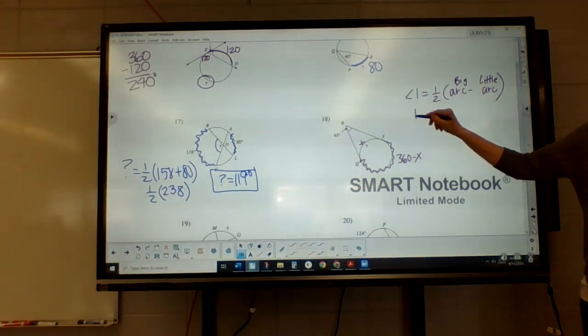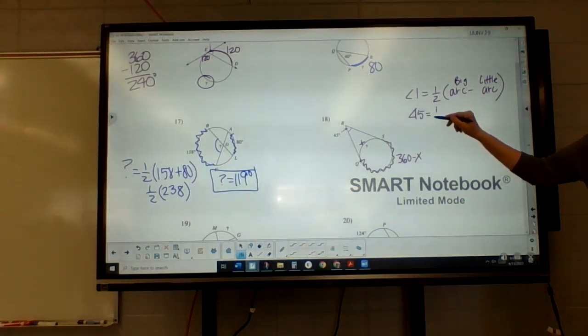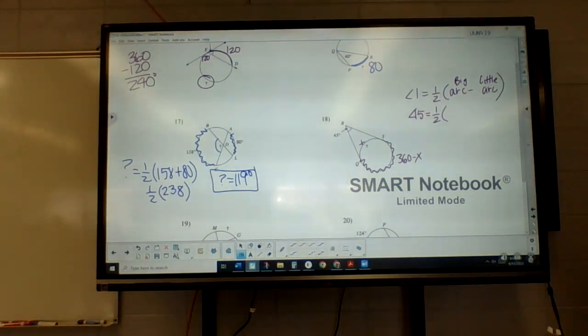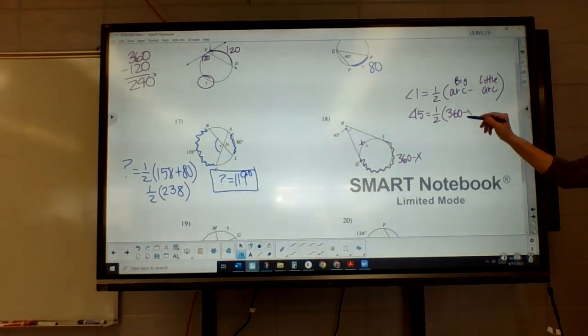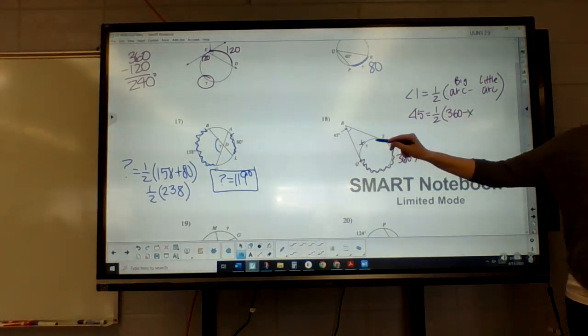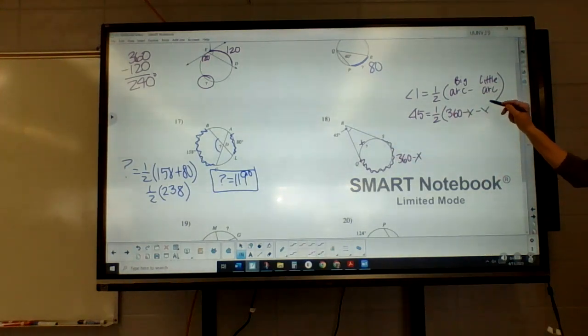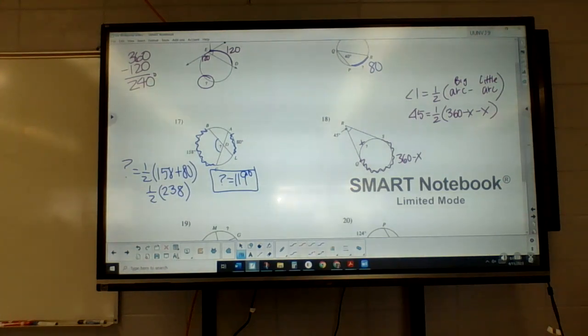So I have 45 equals half of 360 minus x. But then I still need to subtract off this x as well, minus the little arc. So again, this is my big arc, and then that's my little arc.